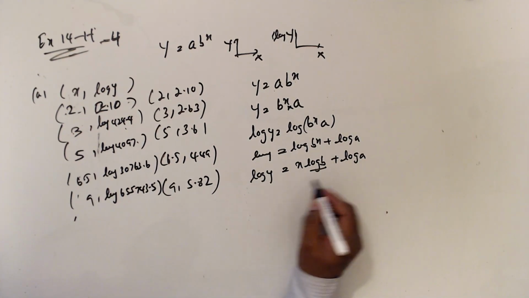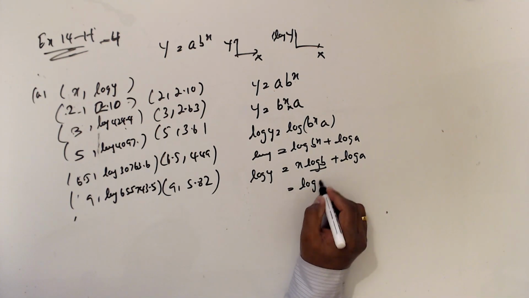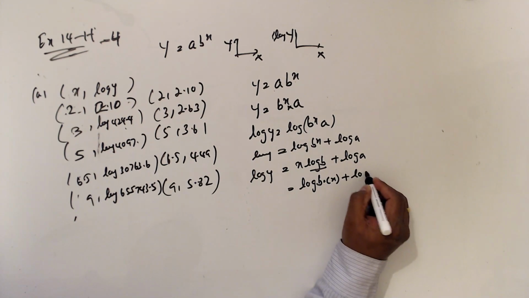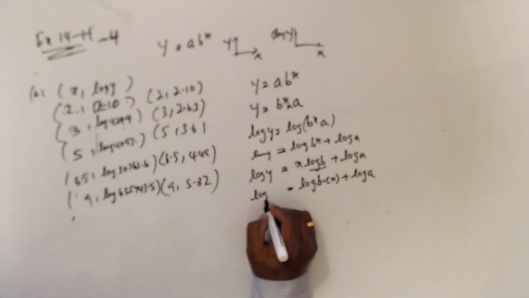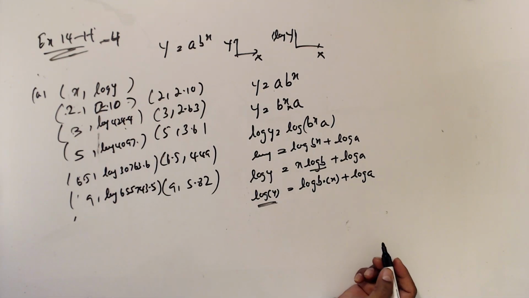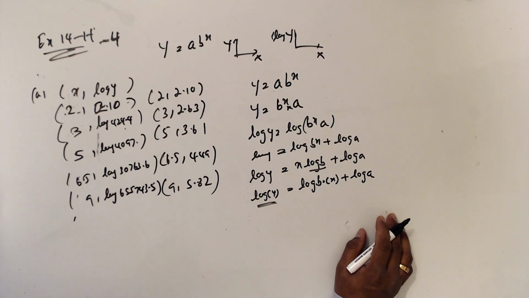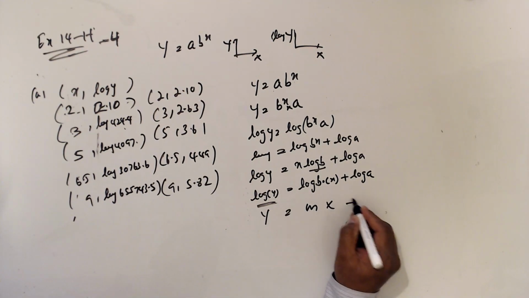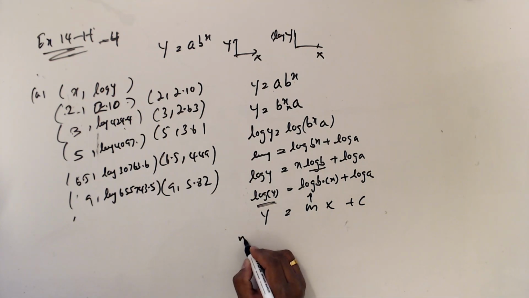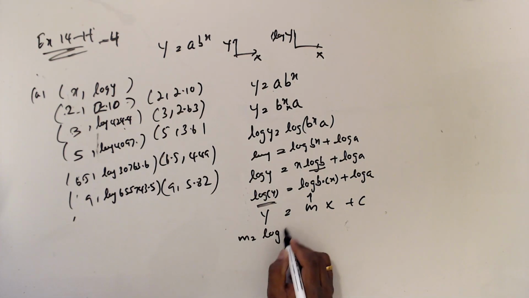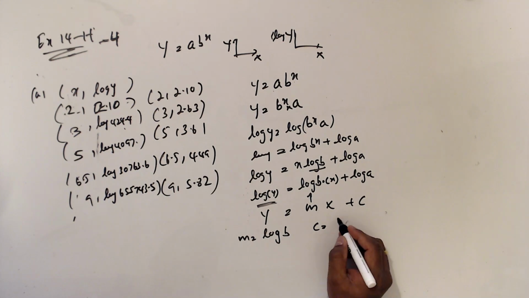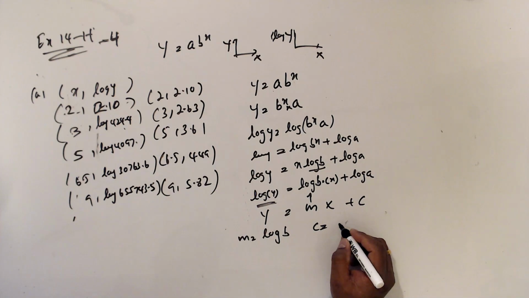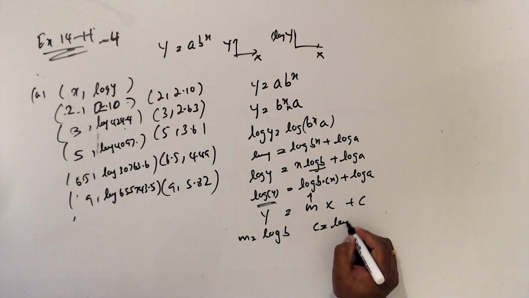So log y equals x log b plus log a. So log a is a constant; I'll bring it to this side. Then the variable is x, and this is y. This is y equals mx plus c form: gradient m equals log b, and the y-intercept c is log a.